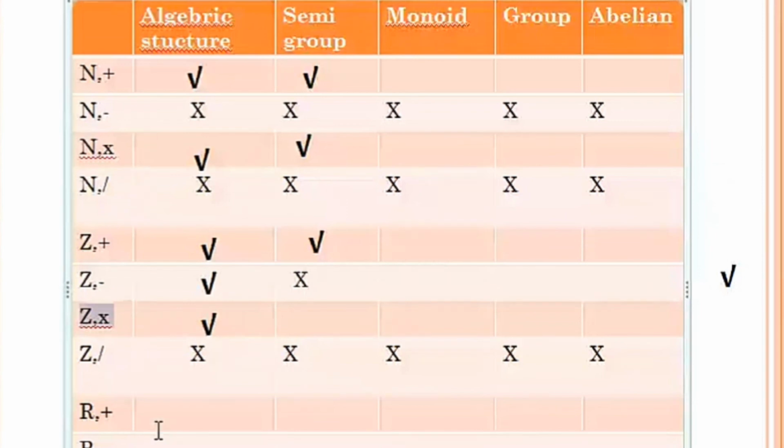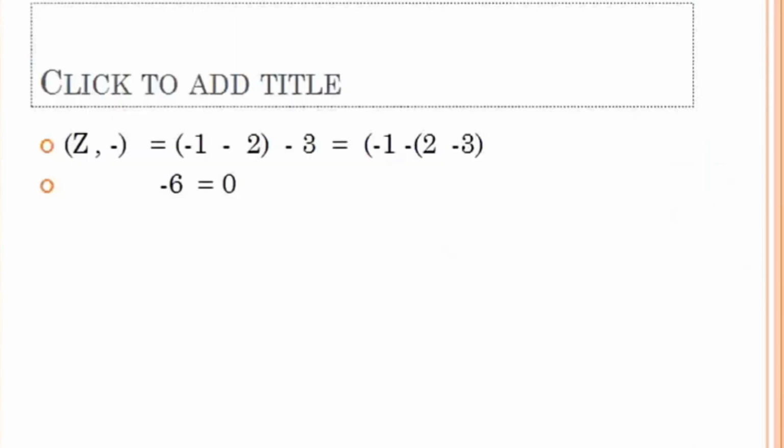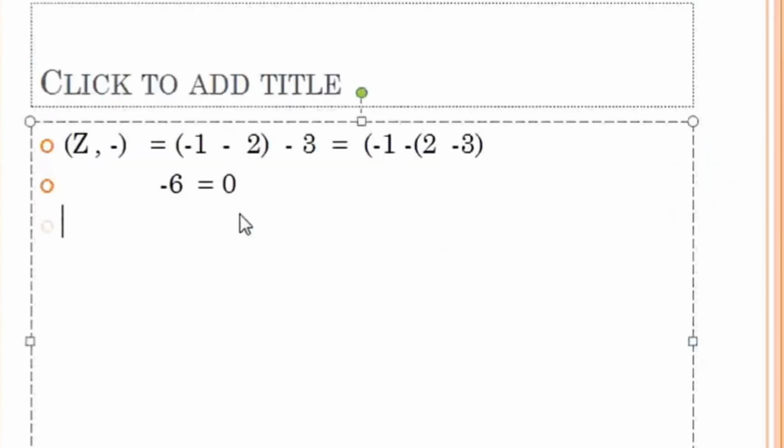Integers with respect to multiplication, let's see. If I associate multiplication like this, does it make a difference? For multiplication, it will not.